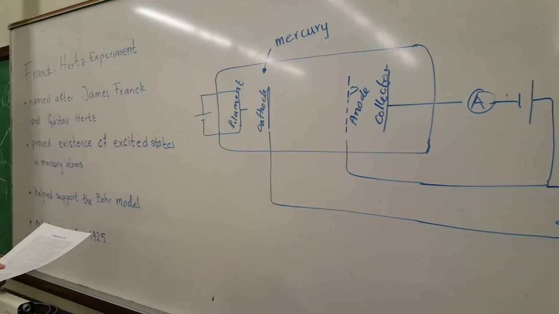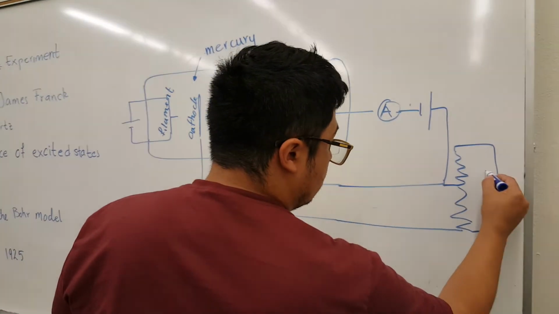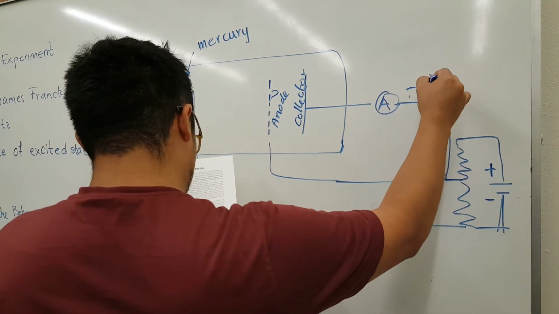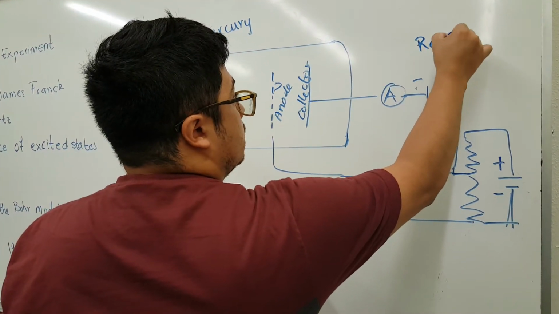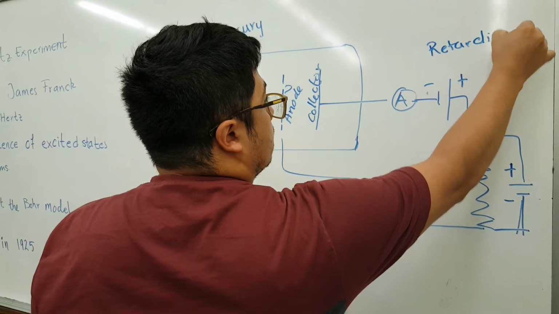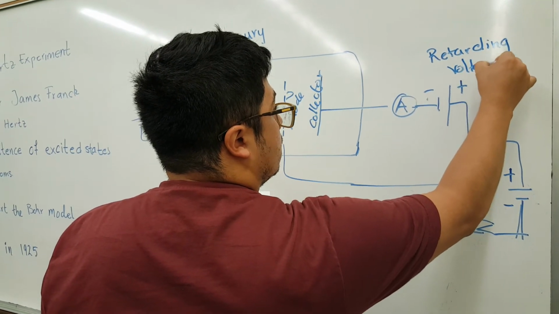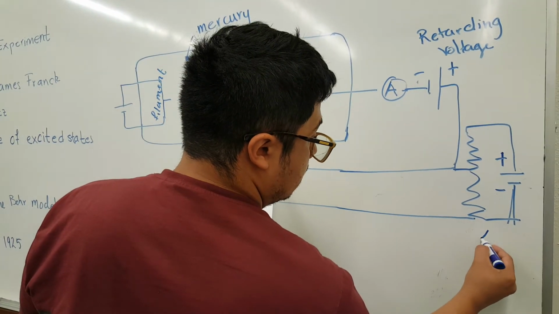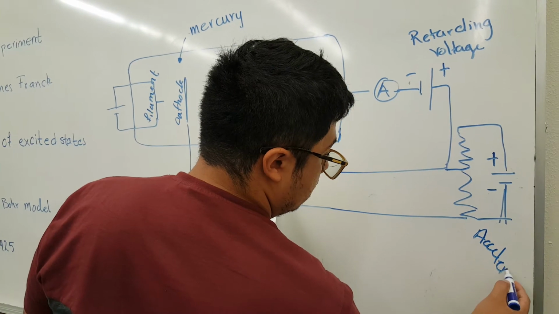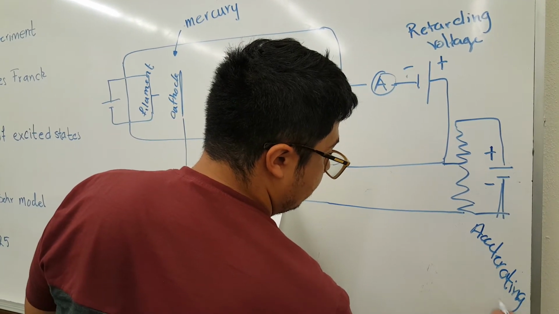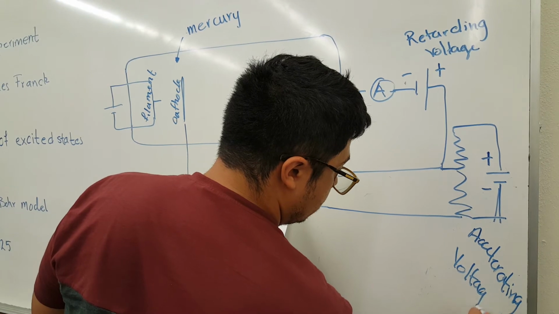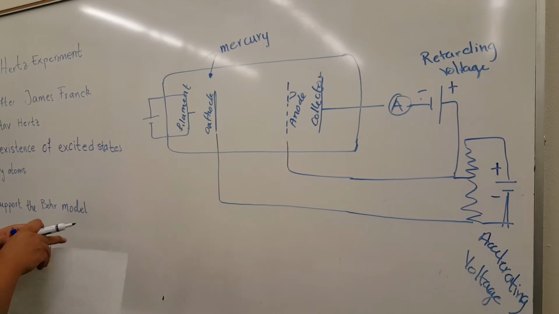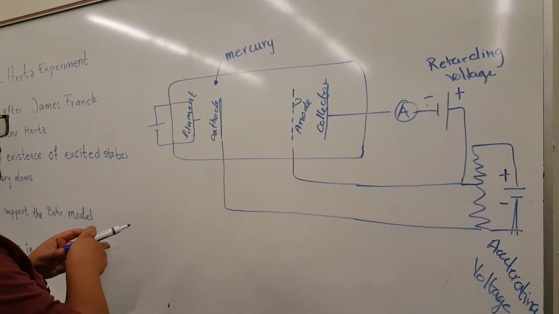Okay, so what's happening here? And then here is the retarding voltage. And this will be the accelerator. Okay, so you have low pressure gas here, and then you have this filament.